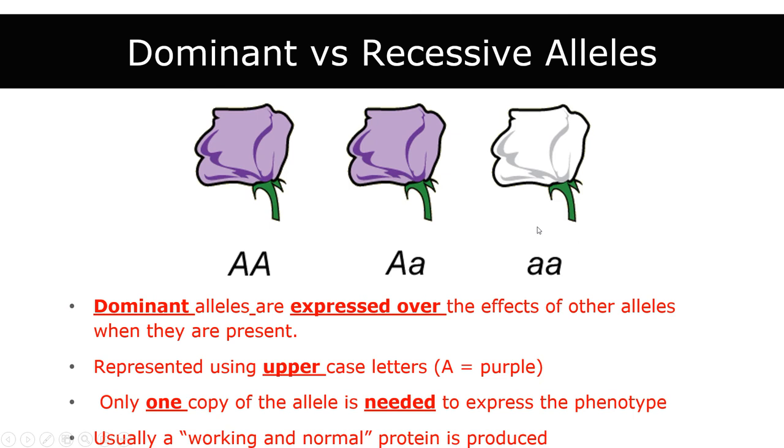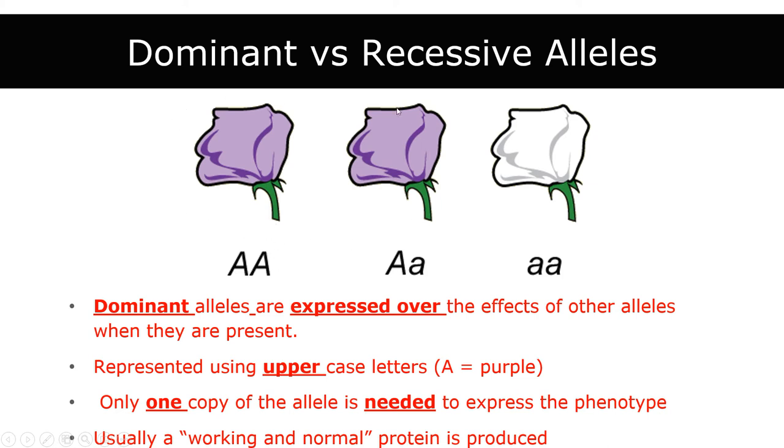Not all alleles are created equal. You probably noticed that sometimes they're uppercase and sometimes they're lowercase. What this has to do with is whether or not the phenotype that results from that particular allele is dominant. A dominant allele is always going to be represented by a capital letter.